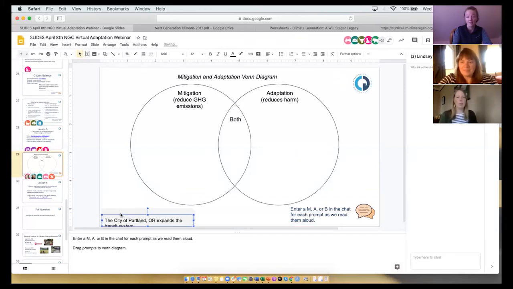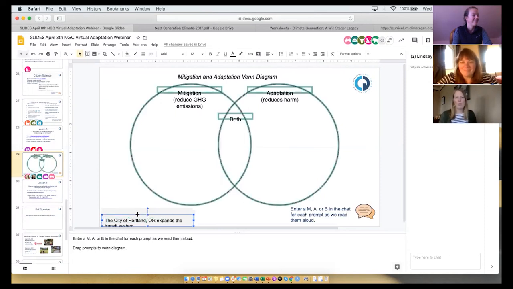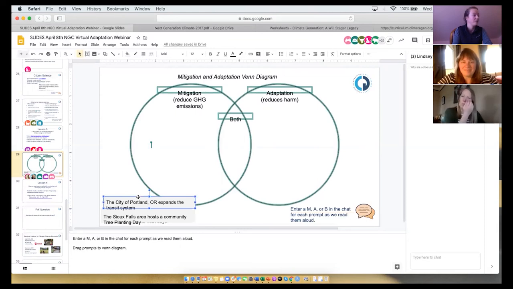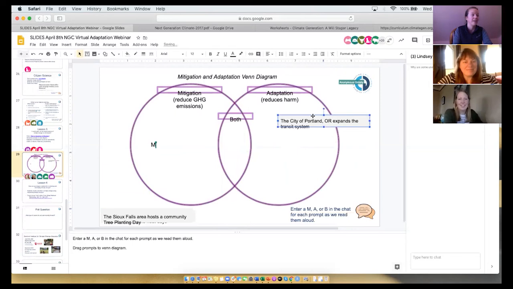It's going to be hard because we didn't have much time to think about this. Some people say mitigation. Betsy says B for both. Anyone else want to weigh in? What we could do in this case is you can actually drag these over.